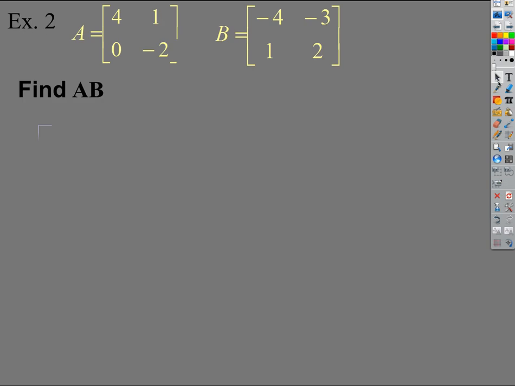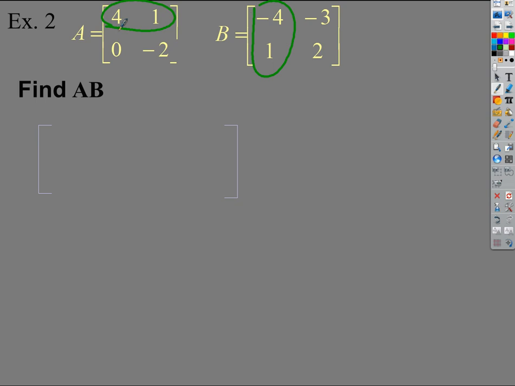Well, this time, here's how you have to kind of visualize this. This time, I'm going to multiply row 1 times column 1. We're just going to stack up the corresponding elements of those rows and columns, and they get multiplied. So we walk down the rows from left to right and the columns from top to bottom, and every time we get to a new element, we take that product.